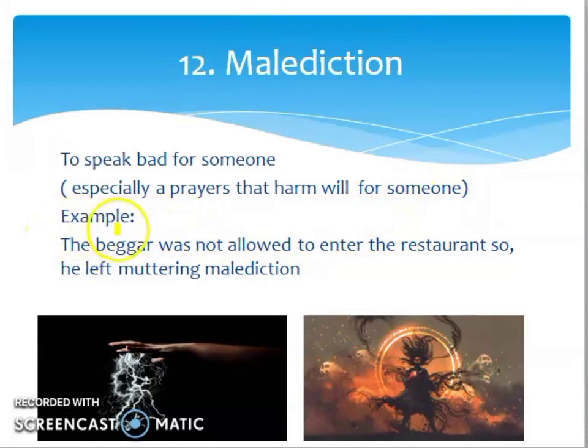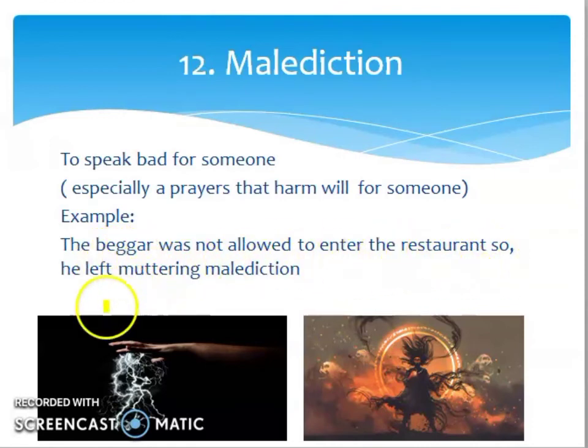Now let's look at this example. The beggar was not allowed to enter the restaurant, so he left muttering malediction, right? In this scenario, we could understand that the poor beggar was not allowed to enter the restaurant.